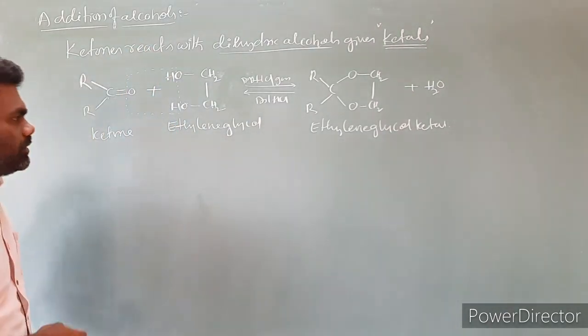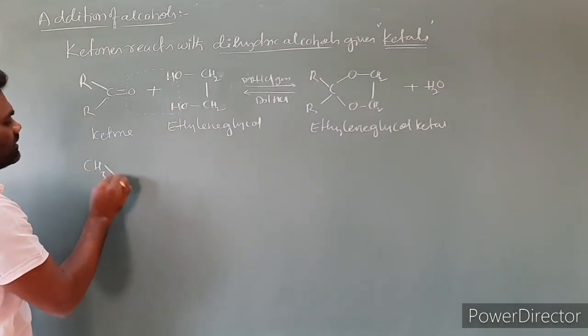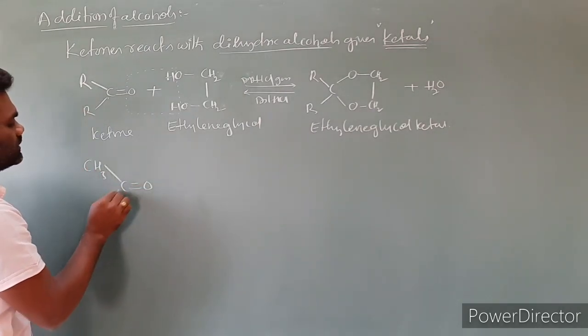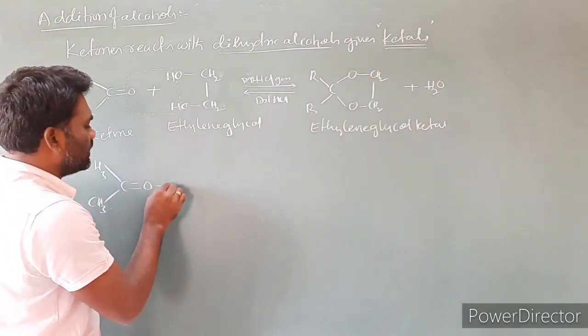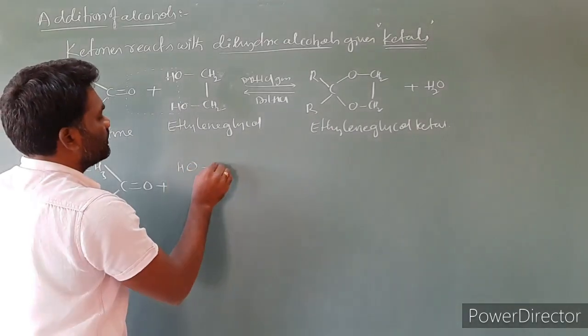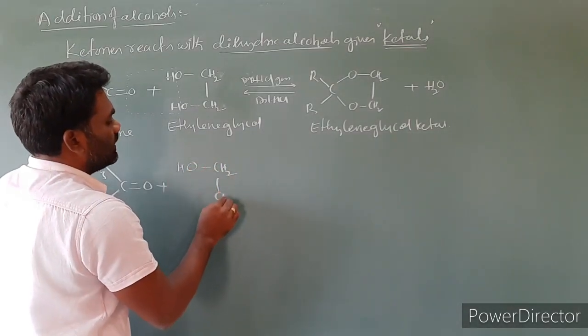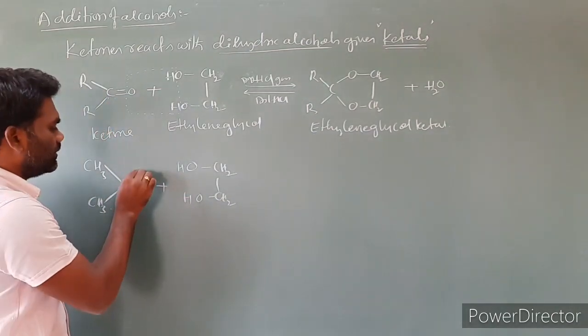Let us take one more example for better understanding. I am taking the ketone CH3 C double bond O CH3. This is the ketone. This ketone reacts with the same alcohol, CH2OH, CH2OH. I took ethylene glycol. Then how do I write this?